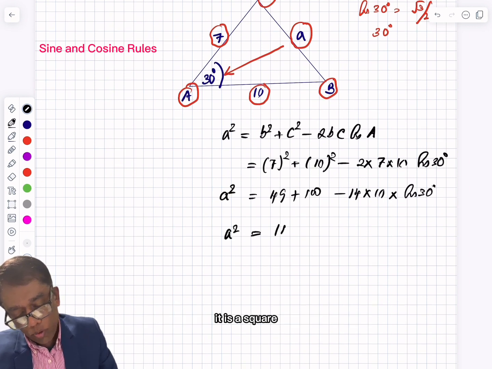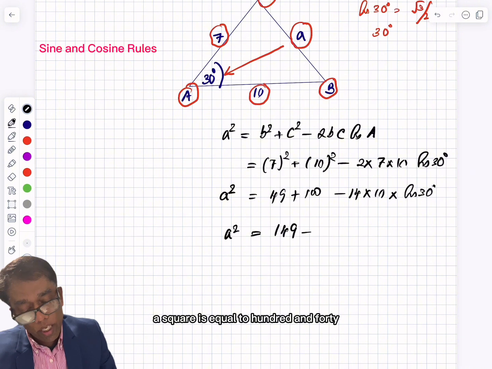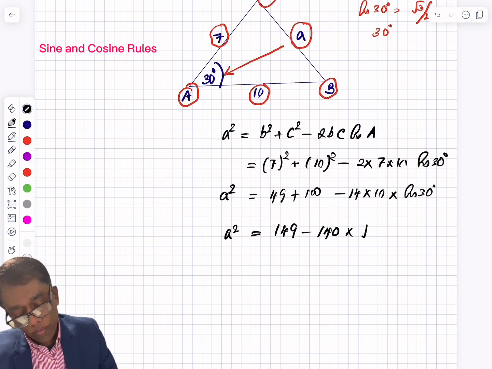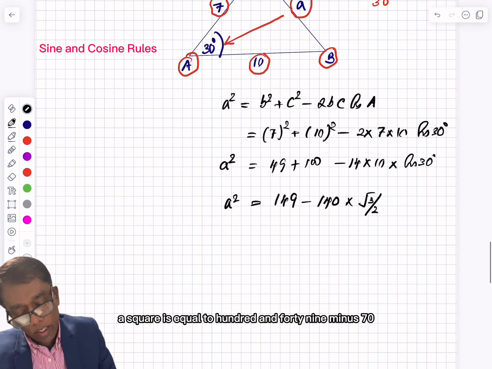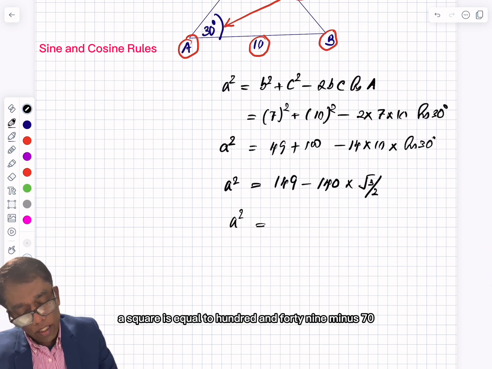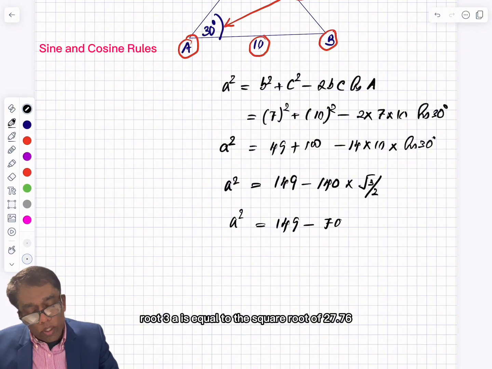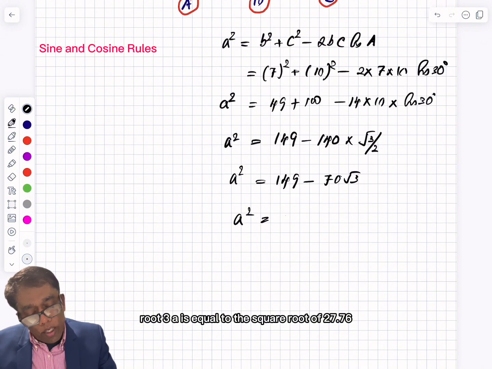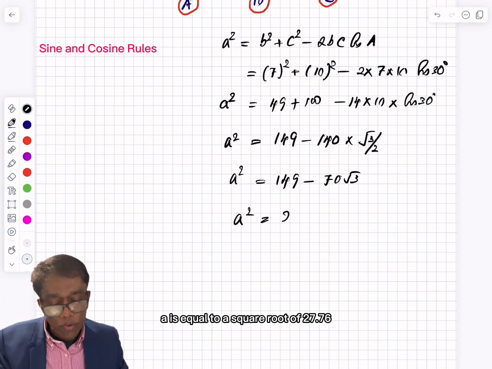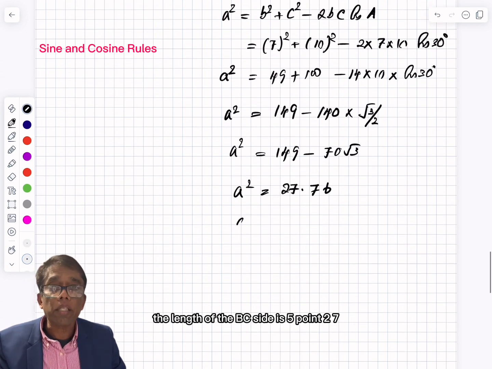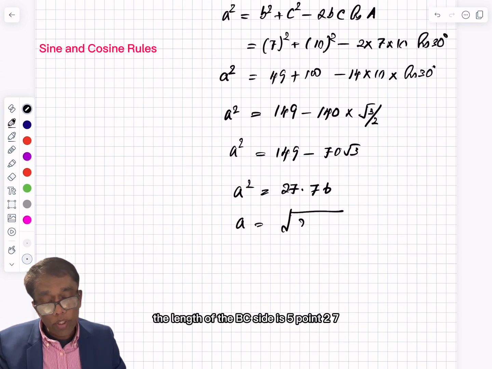So a squared is equal to 149 minus 140 cos 30. Cos 30 is root 3 over 2, so a squared is equal to 149 minus 70 root 3. a is equal to the square root of 27.76. The length of the BC side is 5.27.